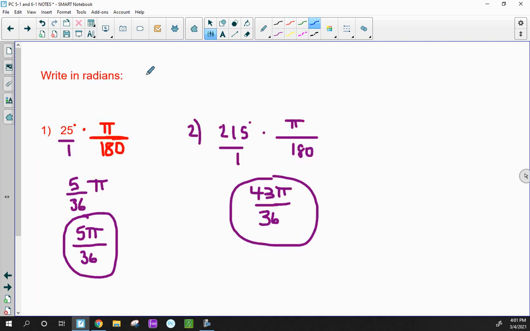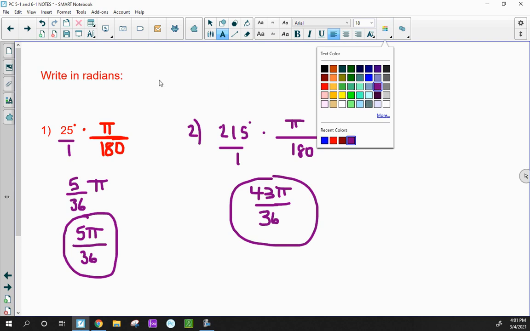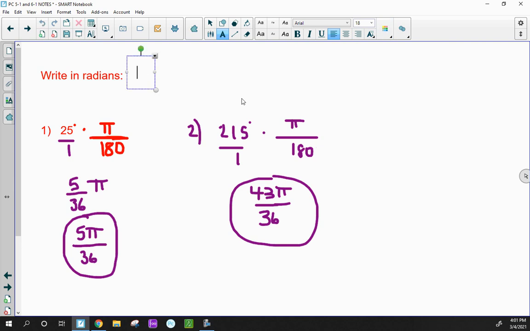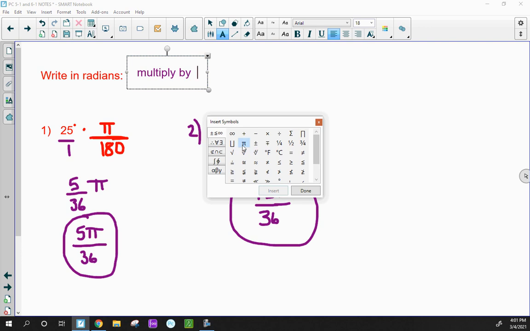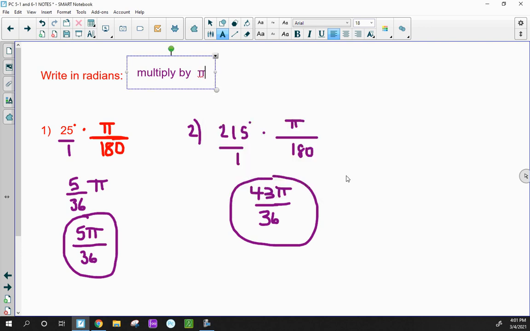Alright. Over on this slide, I want you to backtrack for a second because I did not write this down, and I should have. When you're trying to change into radian mode, multiply by pi divided by 180 degrees.